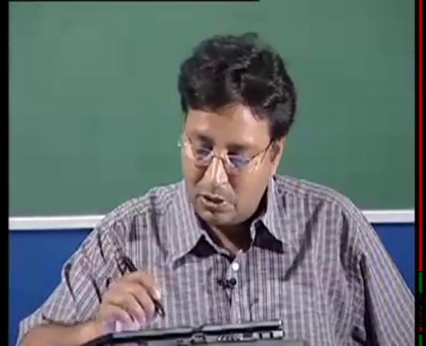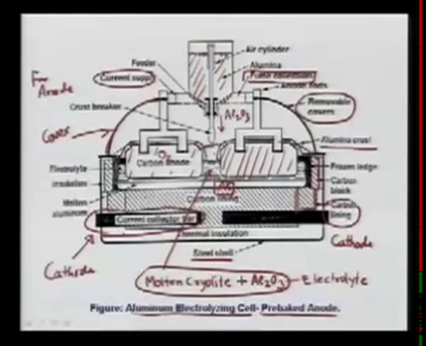So we'll talk about the emissions in a moment, but here what you have to remember is this is the electrolysis process that is going on, and the anode is being consumed. And the anode here is already pre-baked. It is in the solid form. Something is baked, you go to the bakery and you find solid things which are baked, like a biscuit, it's baked, it's not a paste.